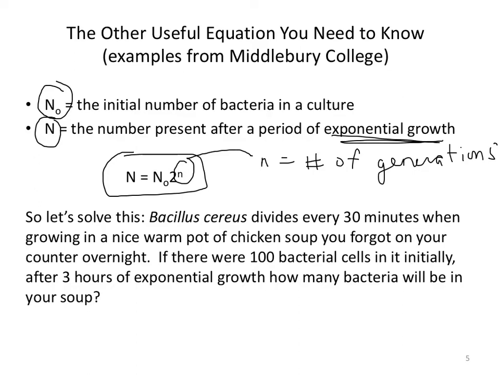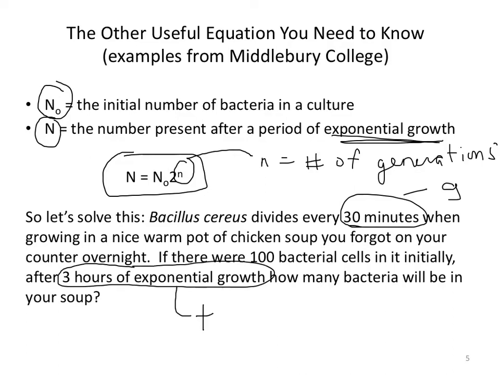So there's some really important information here. 30 minutes is telling you G, 3 hours of exponential growth is telling you T, and 100 bacterial cells is telling you N naught.